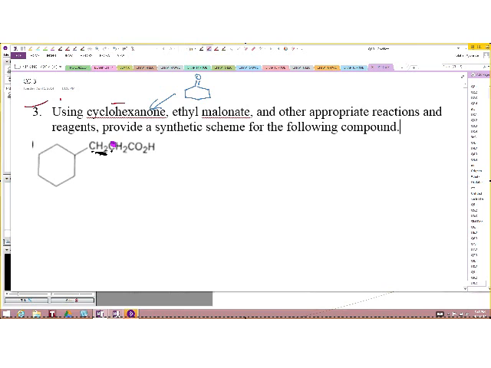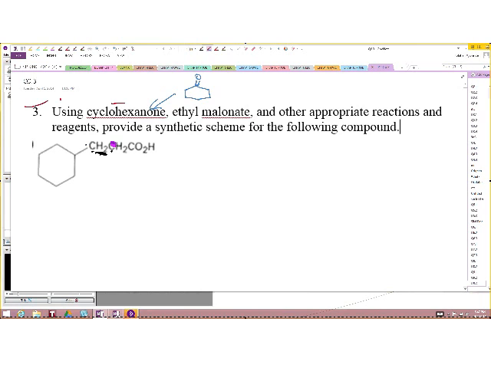So for you to make a new carbon-carbon bond between the alpha carbon and this carbon, we also need to make a new carbon-carbon bond between this carbon here and another carbon, right?